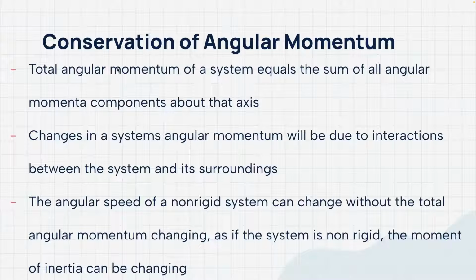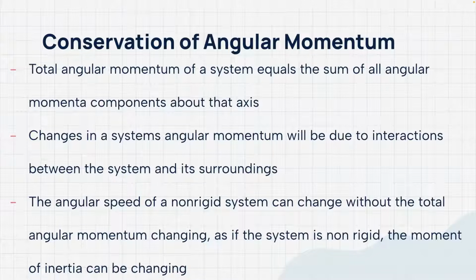Just as linear momentum is conserved, angular momentum is also conserved. The total angular momentum of a system equals the sum of all angular momentum components about that axis, and changes in the system's angular momentum will be due to interactions between the system and its surroundings. Otherwise, if there's no interaction between the system and its surroundings, the angular momentum will be the same.